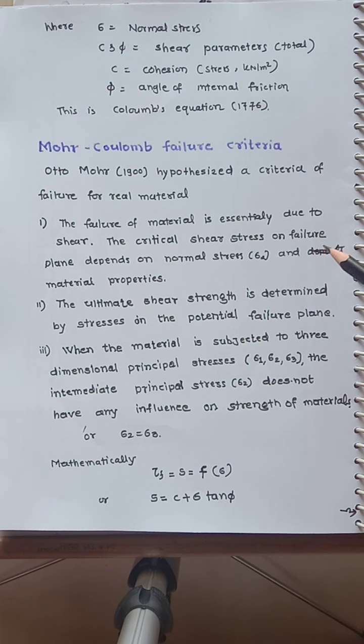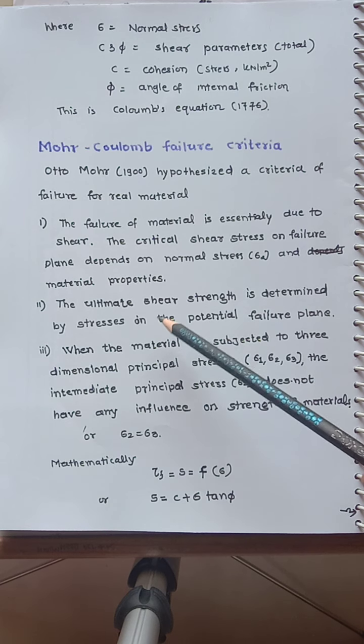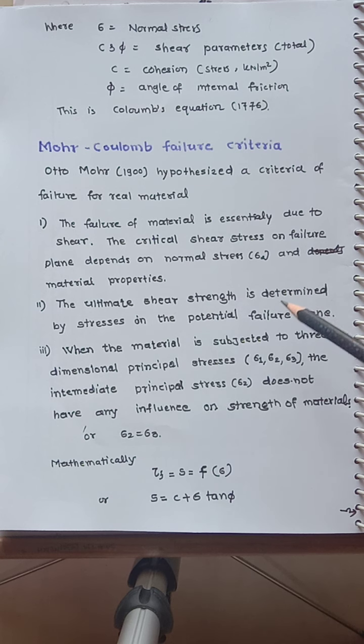Mohr-Coulomb criterion. The ultimate shear stress is determined by the stresses on the potential failure plane. As I said, in any body, when external stresses act, maybe normal or shear, failure takes place along a certain crack, we call it a failure plane. So before that, this failure plane orients. Suppose alpha is the failure plane, so alpha is about 30 degrees.